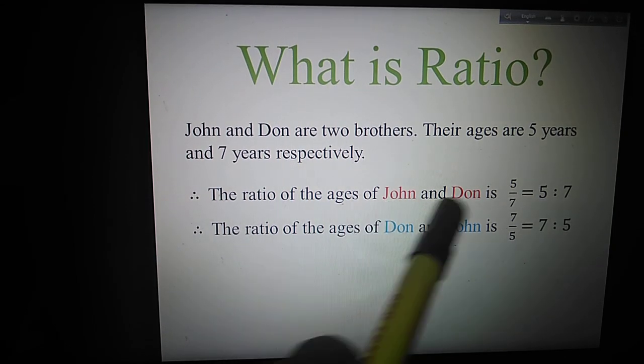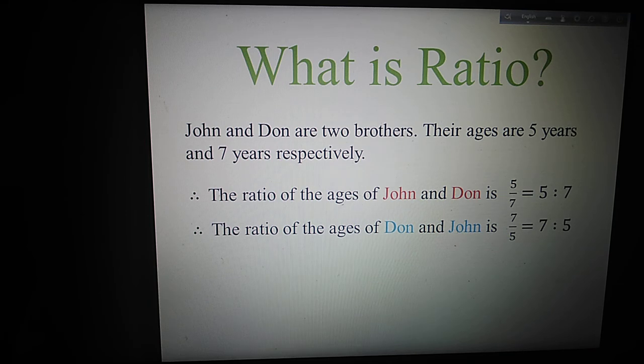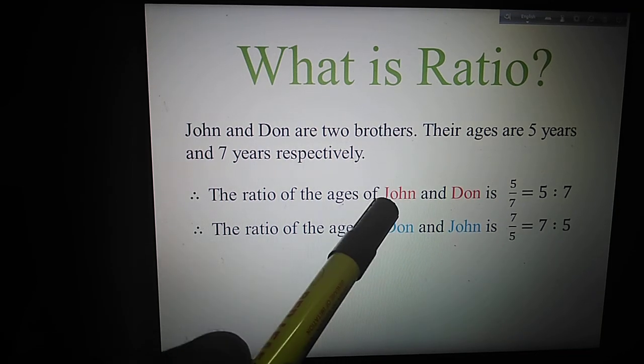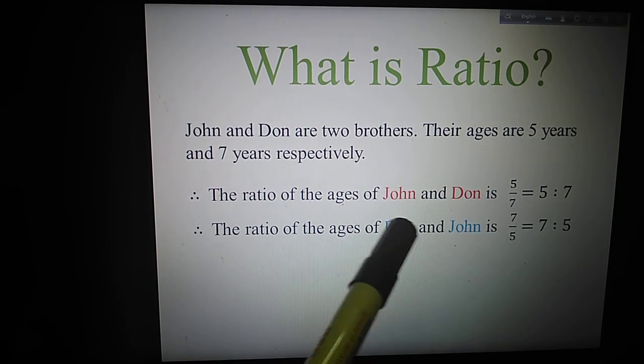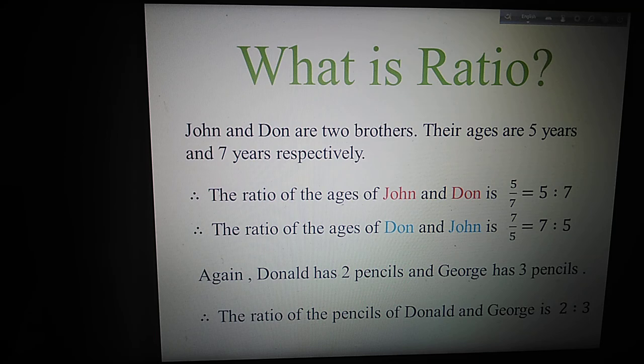So the ratio of John and Don is 5 is to 7 and the ratio of Don and John is 7 is to 5. So we have to maintain the order. Whose name comes first, that person's quantity comes first. If John's name comes first, then John's quantity comes first. If Don's name comes first, then Don's quantity comes first.